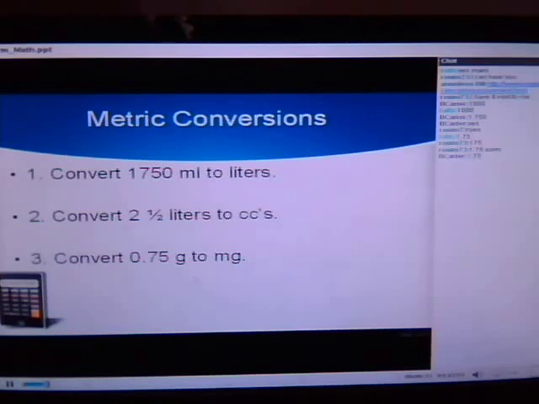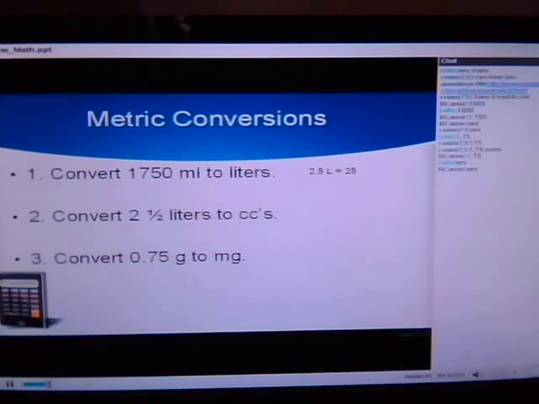Very good. So let's continue to do all of these the same way. 2.5 liters. We have to change that to cc's. So what would we do next? Everybody knows that 1 cc equals 1 milliliter, correct?